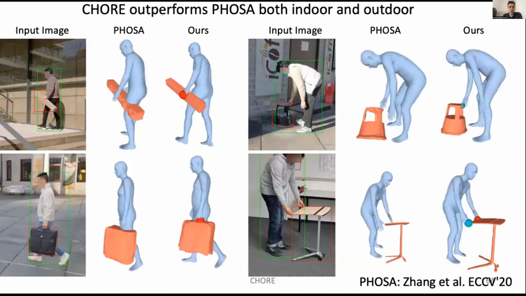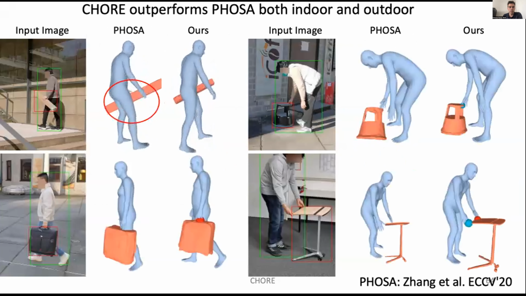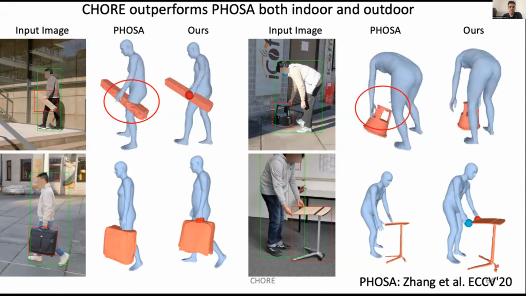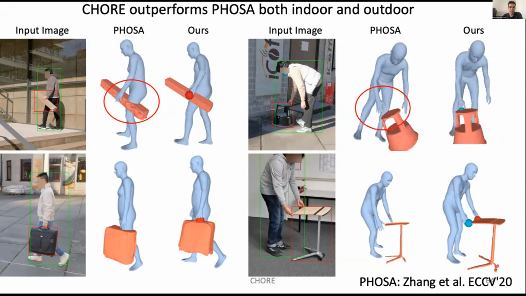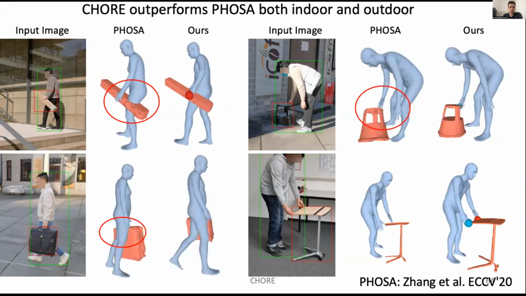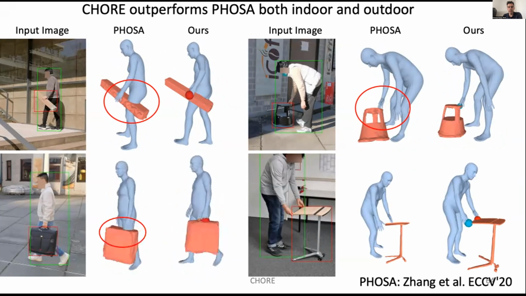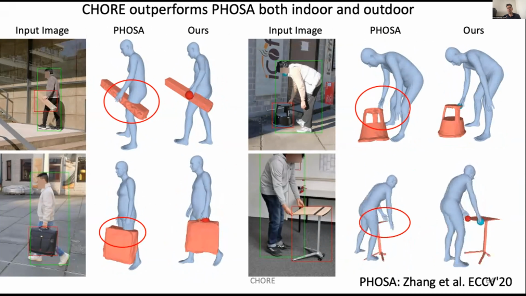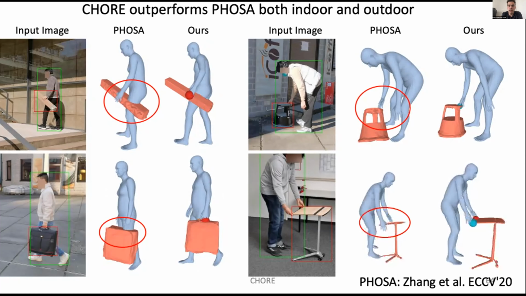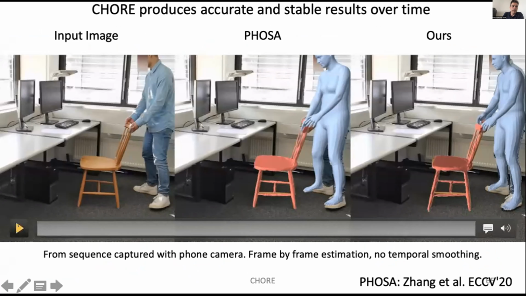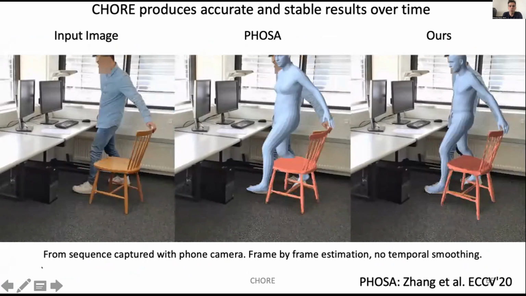And let me show you also some qualitative results. You can observe that because we have learned these typical configurations of humans and objects, we can reconstruct the humans and the objects better than this model that handcrafts the rules.